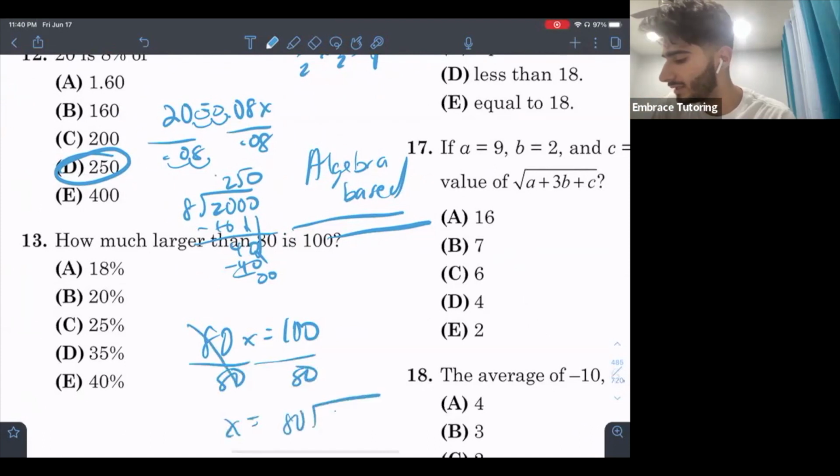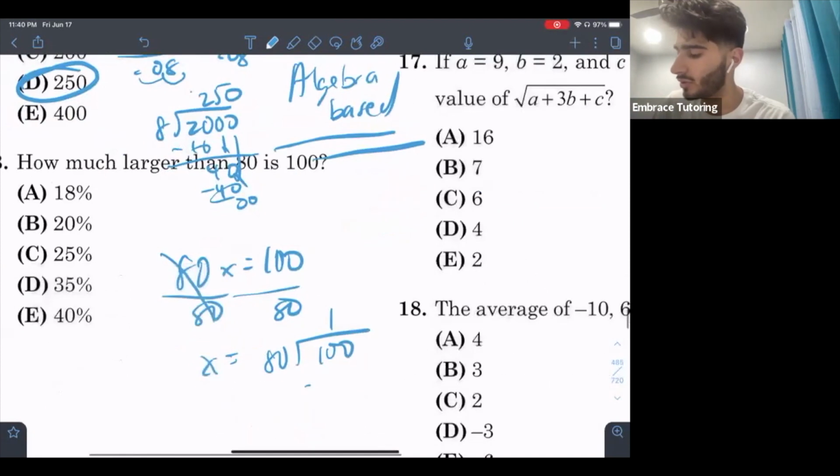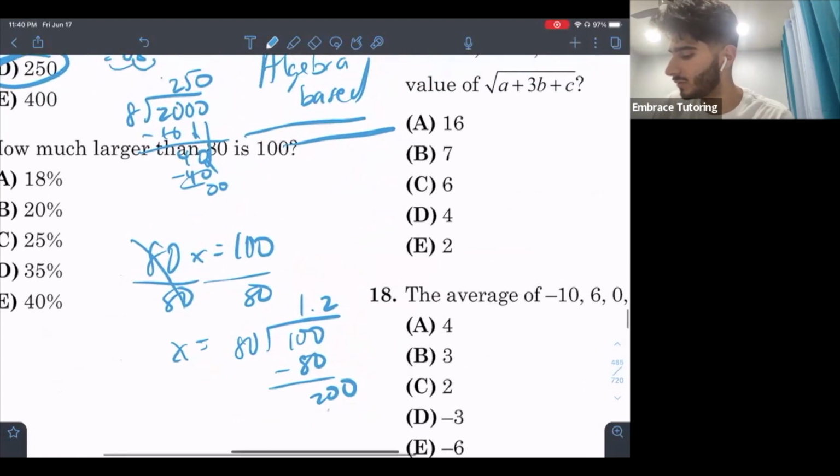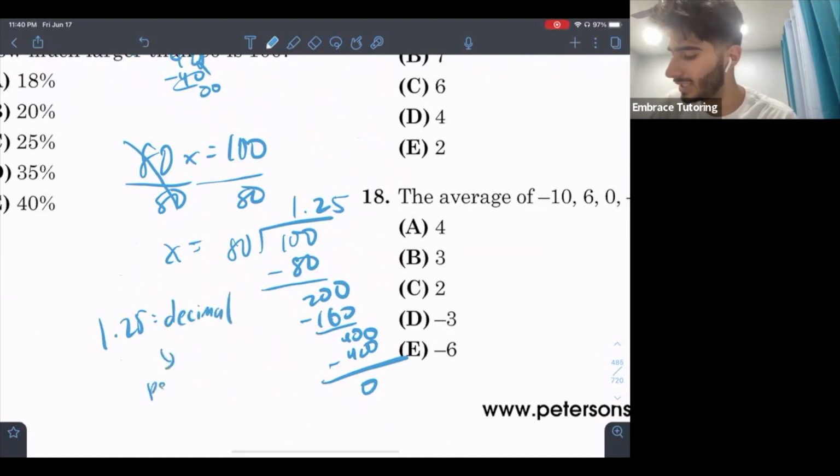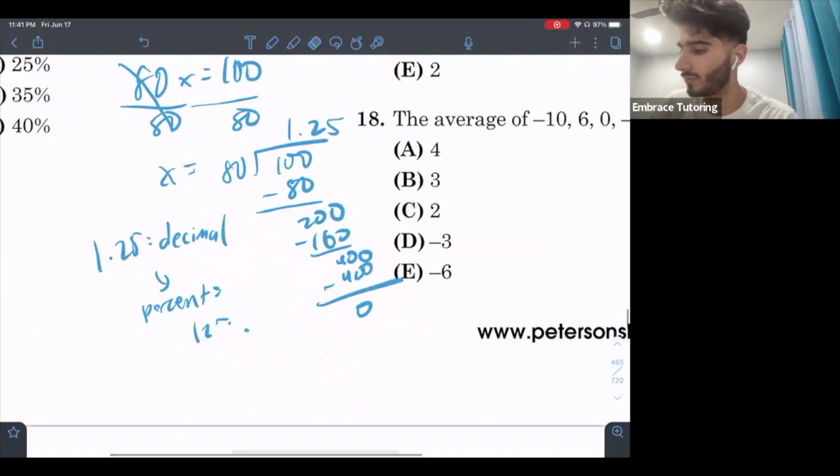X, you would have 80, it goes into 100 once, 20.0, and becomes 216, 160, 40, 0, 5, 1.25. 1.25 is a decimal, but as a percent, it is 125%.